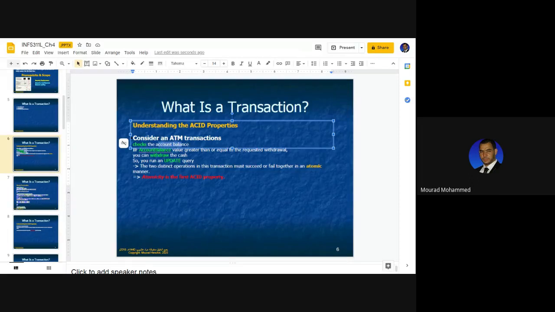1, it checks who you are and what you want. 2, if validated and what you requested is available, we withdraw. The machine withdraws to the customer.